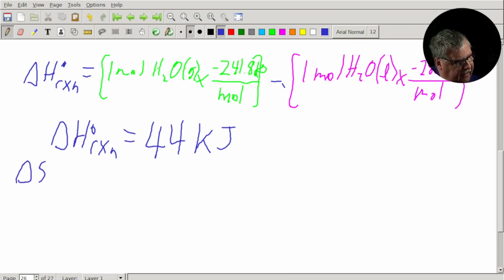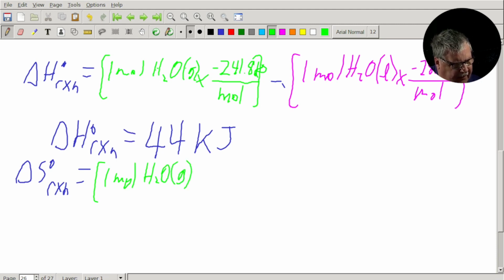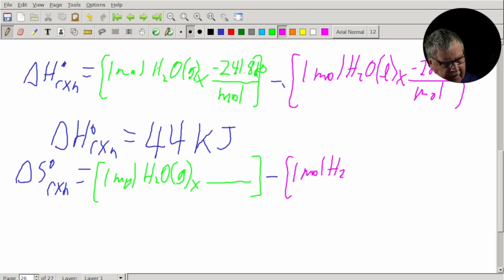All right, let's do the same now with delta S. So let's calculate delta S for this reaction at standard conditions, 25 degrees Celsius. Products, we have H2O gas, and in our reactants we have H2O liquid. So what are the S0 values for both of those?